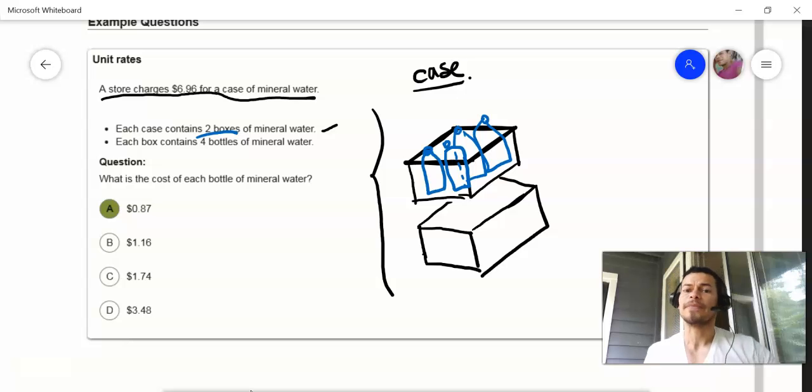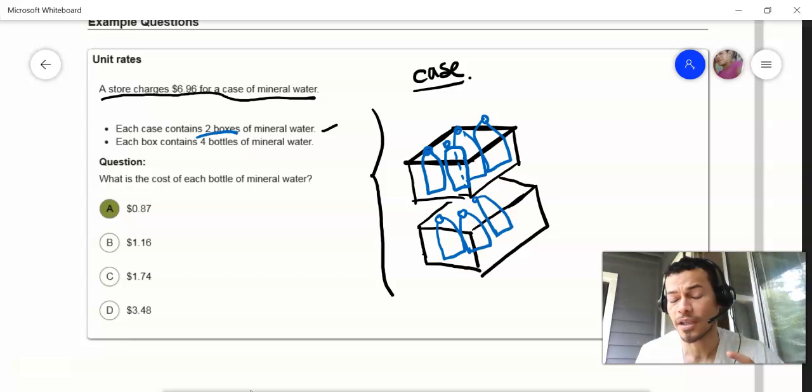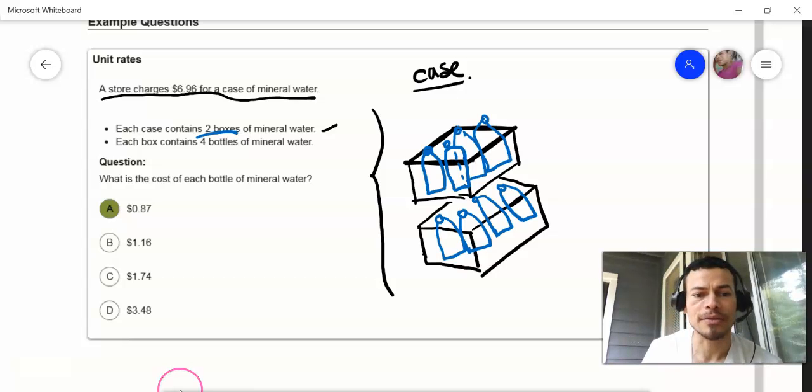So we have 4 in total in 1 box. So let's draw the other box. So we have 1, 2, 3 bottles, and 4.